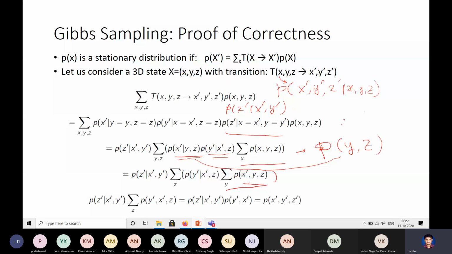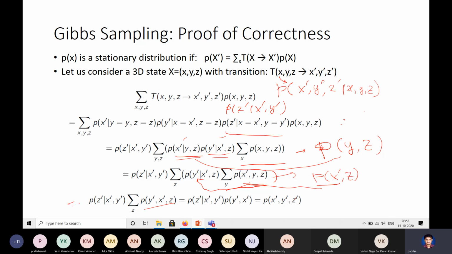Now you see, this is again a marginalization over y, so this part is p(x', z), and if we multiply this with this, you get p(y', x', z).